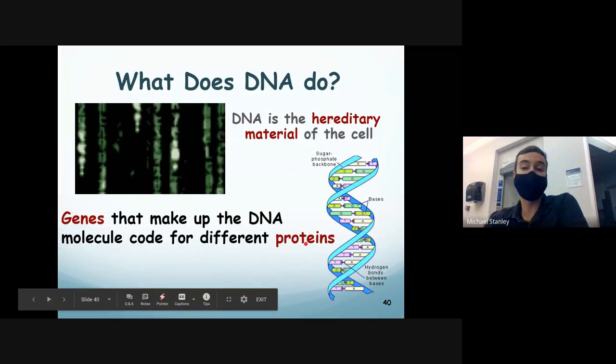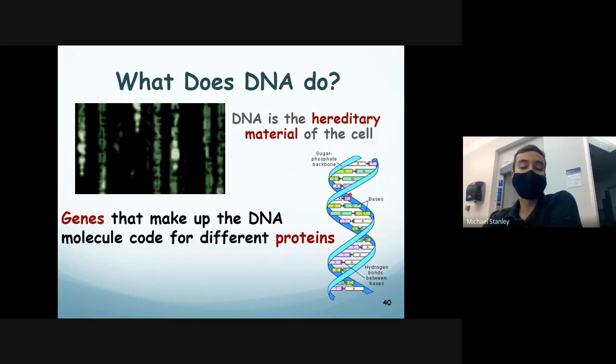So the way that we know what proteins to make in different cells is due to the code that's inside of our DNA. And like I was saying earlier, DNA is hereditary, meaning that you inherit all of your DNA from a combination between your mom's DNA and your dad's DNA.